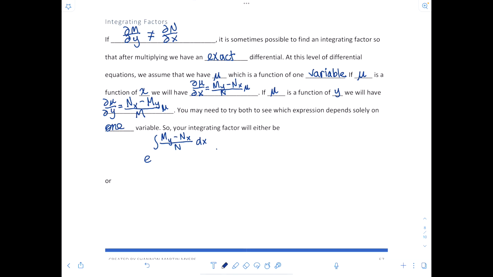That's for when this expression here is a function of x alone.